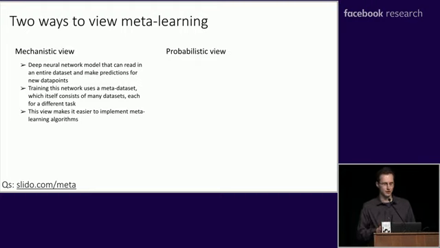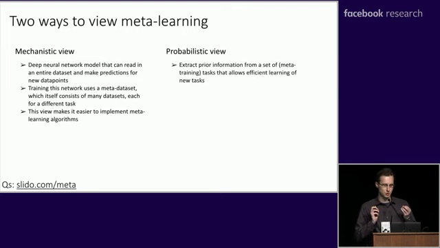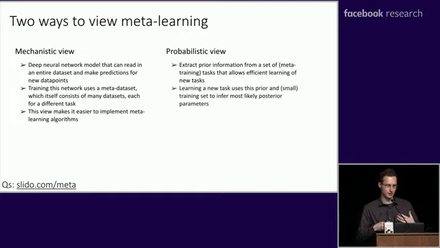So if you're actually coding something up in TensorFlow or PyTorch, the mechanistic view is probably the one that makes it clearest. The probabilistic view treats metalearning as the problem of extracting prior information from a set of meta-training tasks that allows for efficient learning of new tasks. This view says that learning a new task basically uses this prior plus a small amount of training data to infer the most likely posterior parameters that will allow you to solve this task.